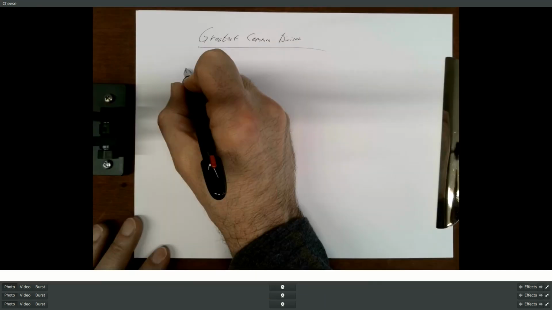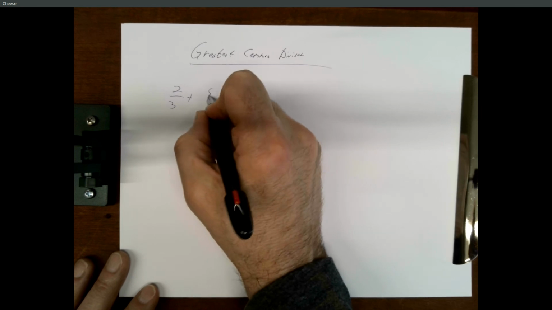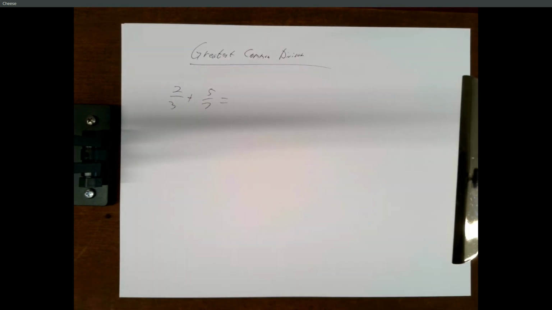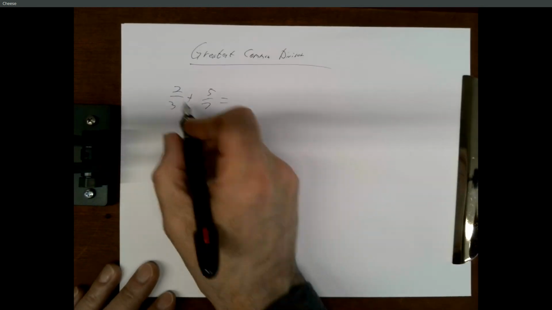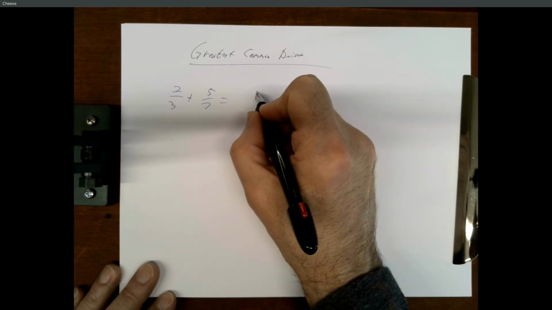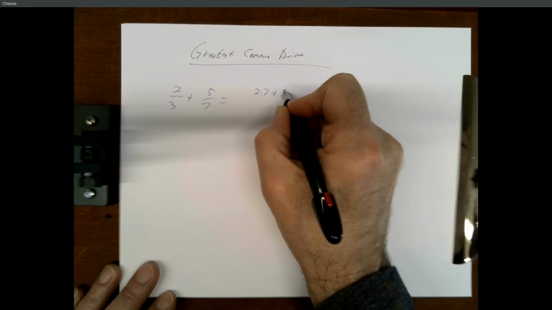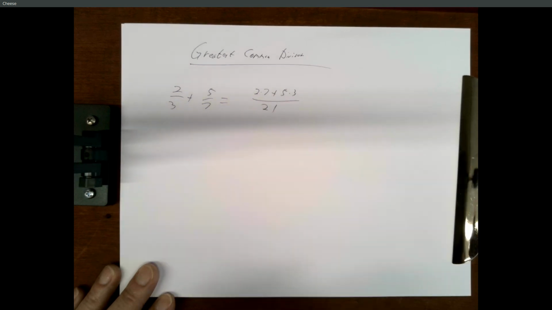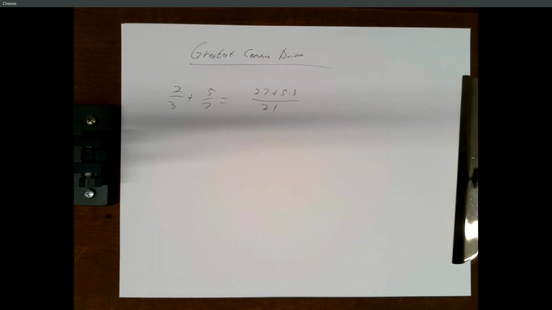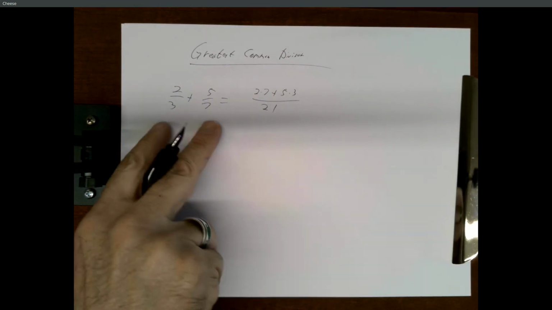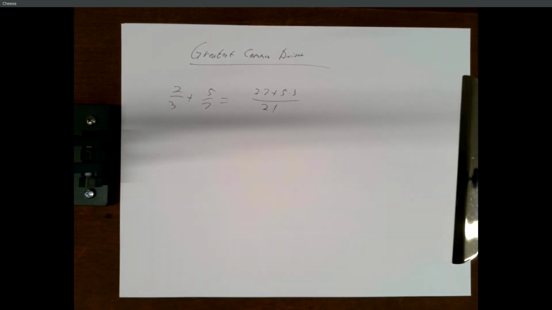If you want to do 2/3 plus 5/7, we can't just combine these because the denominators are different. So we need to put them over a common denominator, right? So we do something like 2 times 7 plus 5 times 3 over 21. Right? So that's the least common multiple of 3 and 7.